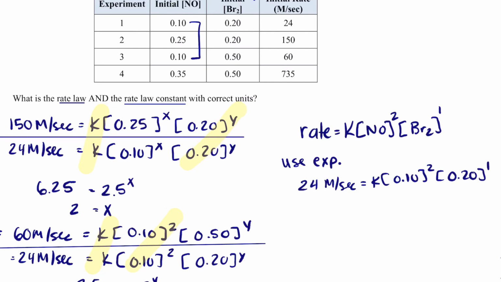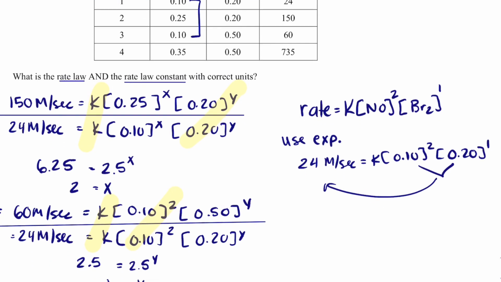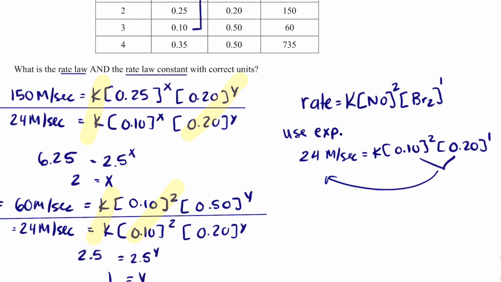And what I need to do is isolate K. So I'll multiply these two guys and then divide them over. And what I end up getting, let me just double check, 0.1 squared times 0.2. 24 divided by that, I get 1.2 times 10 to the 4th.